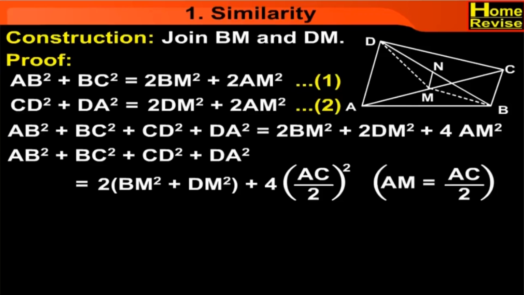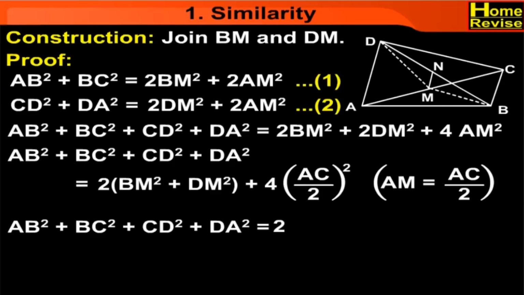Reason: AM is equal to AC upon 2. Therefore, AB square plus BC square plus CD square plus DA square is equal to 2 into bracket BM square plus DM square bracket closed plus AC square. Let this be equation number 3.